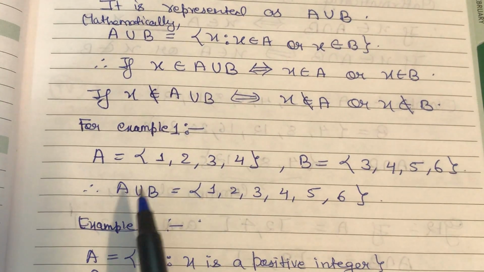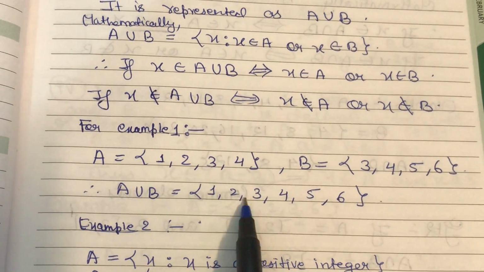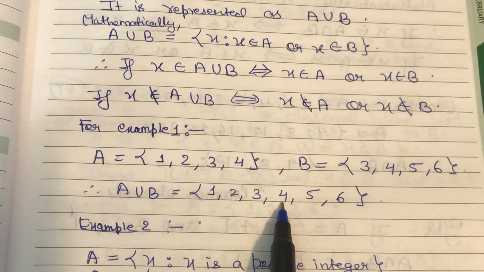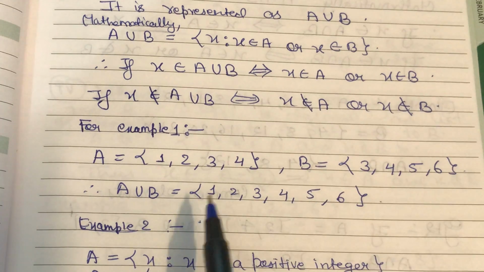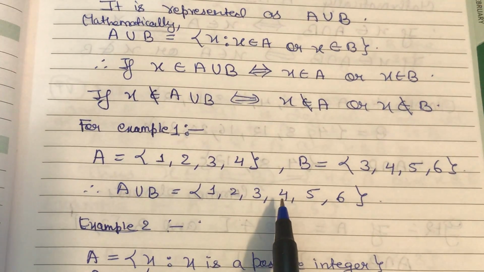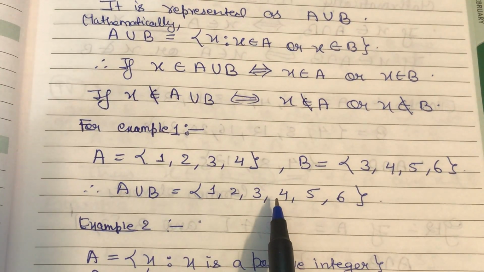So, I'll write 1, 2, 3, 4, which are present in A. Again, 3, 4 are present in B also, but these I have already written, so as I said, without repetition.